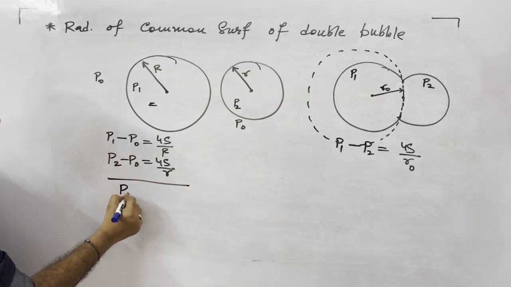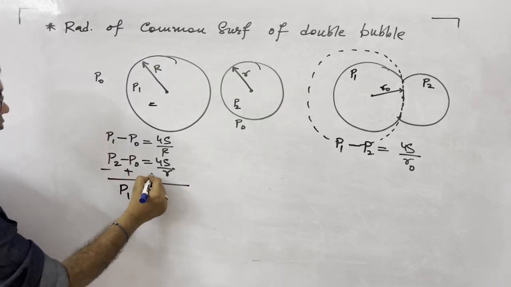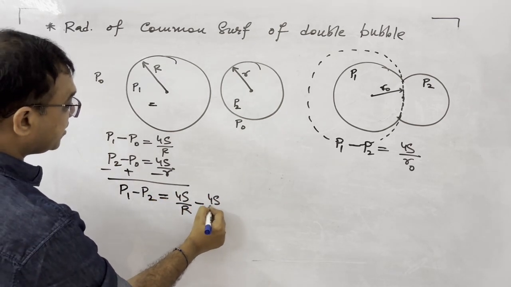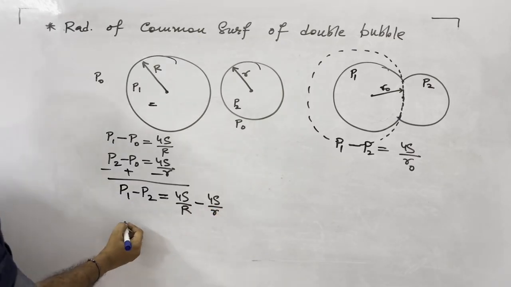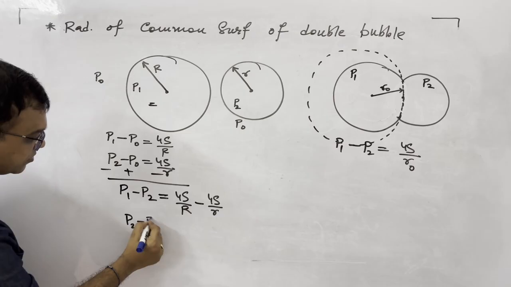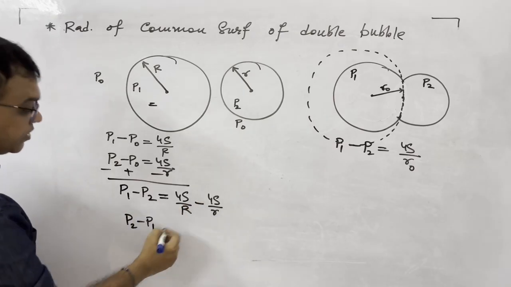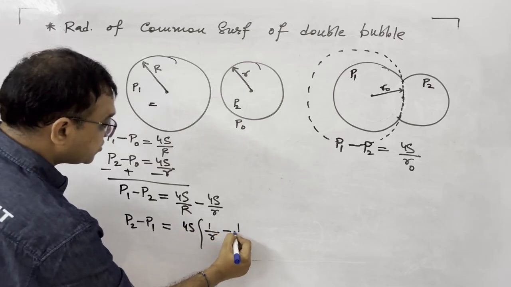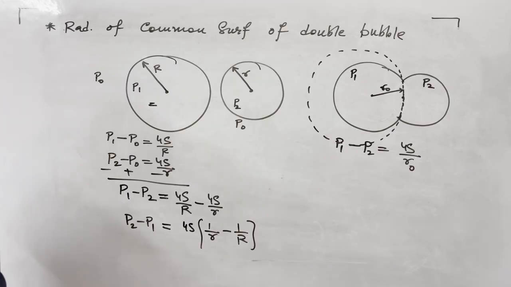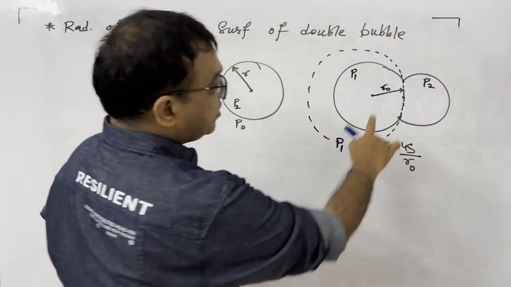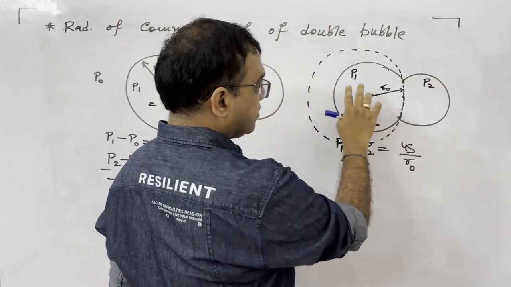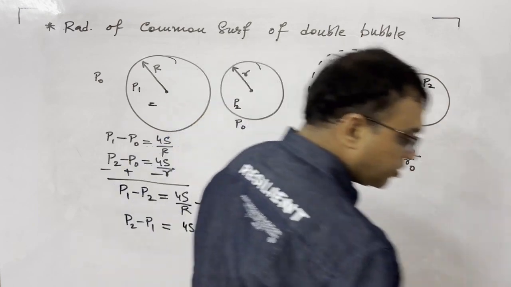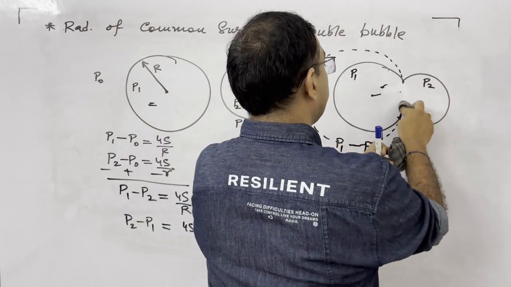And if we find from here, P1 minus P2 is equal to 4s by r minus 4s by R, or I can write P2 minus P1, because it is a negative, it is a bigger number, P2 minus P1 is equal to 4s into 1 upon r minus 1 upon R. This will come, right? This is positive. Here actually this will be smaller, this will be bigger. Let's make it correct, otherwise you will be getting confused.